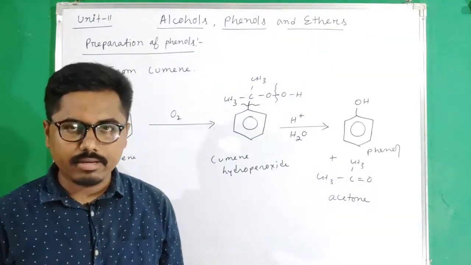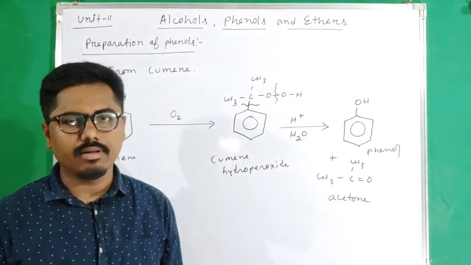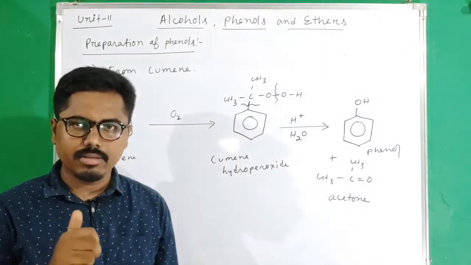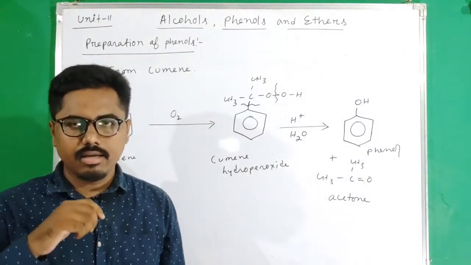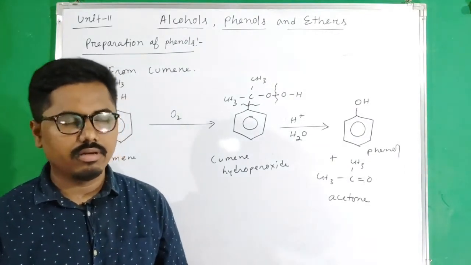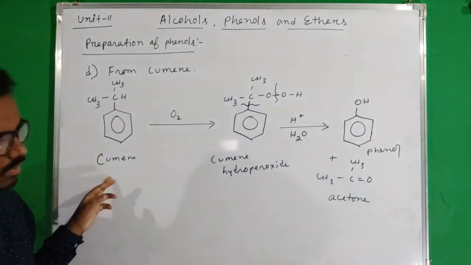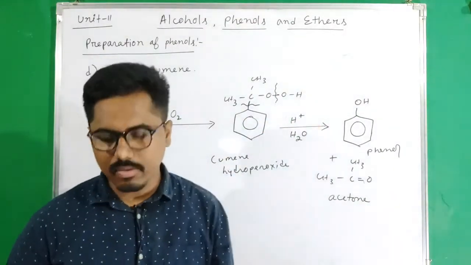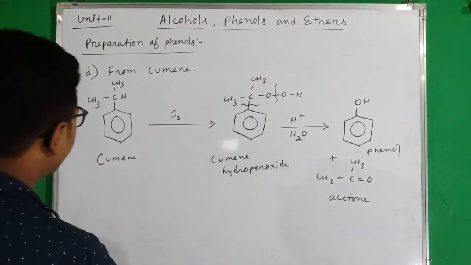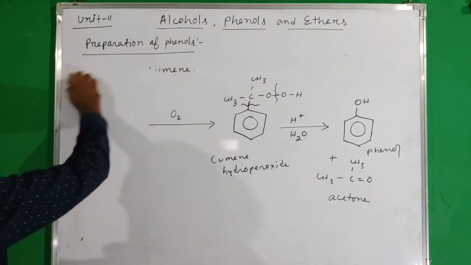Then we converted benzene diazonium salt into phenol: at first aniline is converted into diazonium salt, and then after treating the diazonium salt with water we get phenol. And then we converted cumene into phenol. So these are 4 important methods for preparation of phenols.